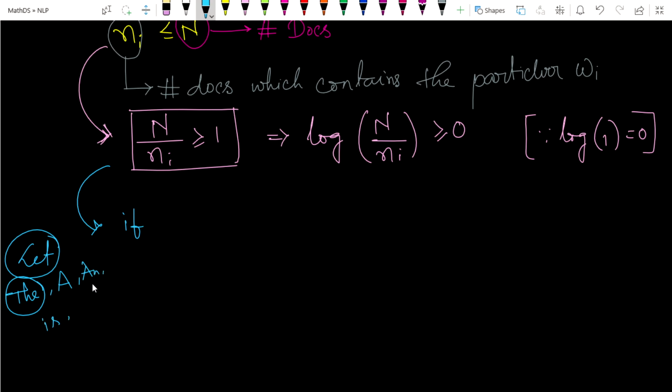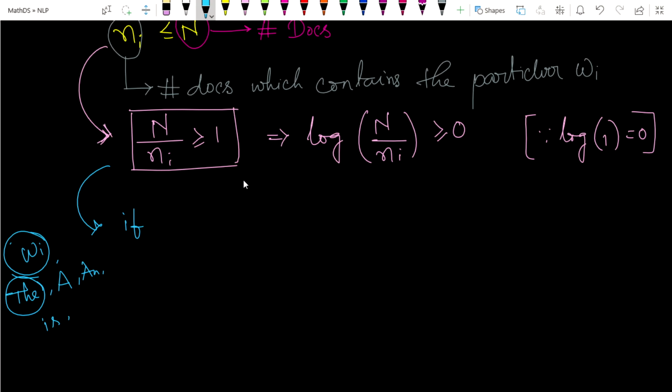Since it occurs in every sentence or every document, if wi looks like this, it means the number of occurrences of this particular word is increased.